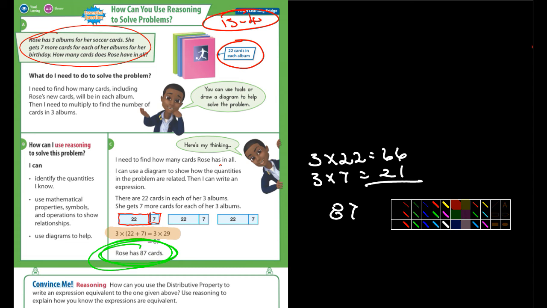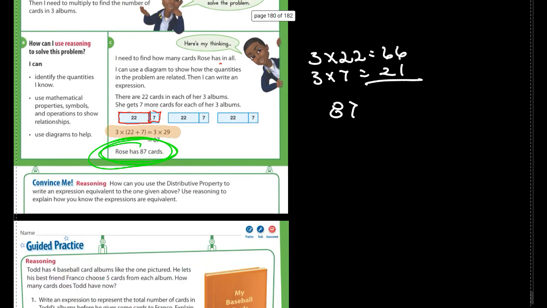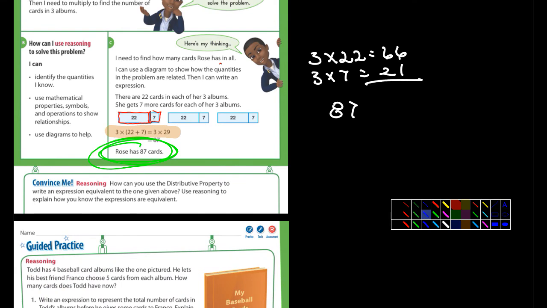And again, there's more than one way to solve these, and all of us might do something a little bit different here. Let me move this up a little bit. It says, how can you use the distributive property to write an expression equivalent to the one given above? So they're talking about this expression here.